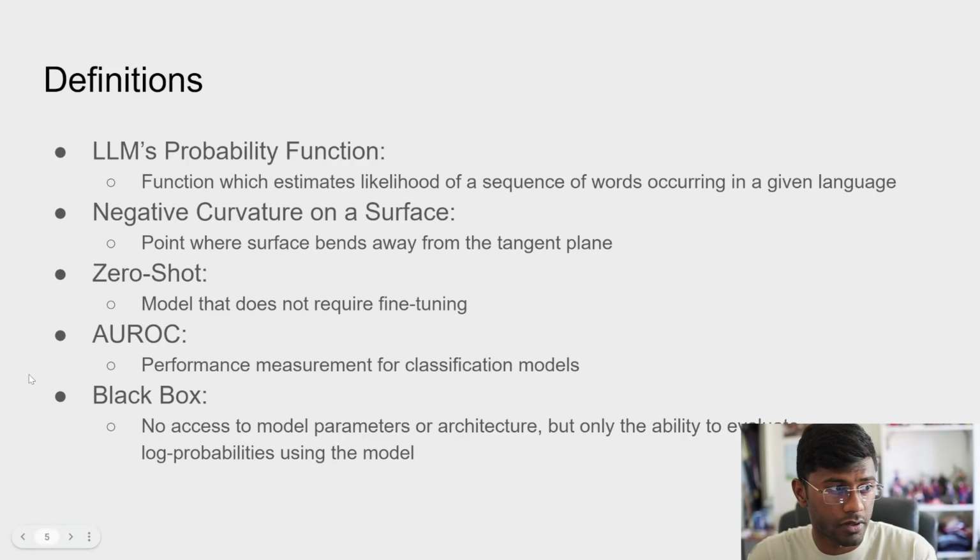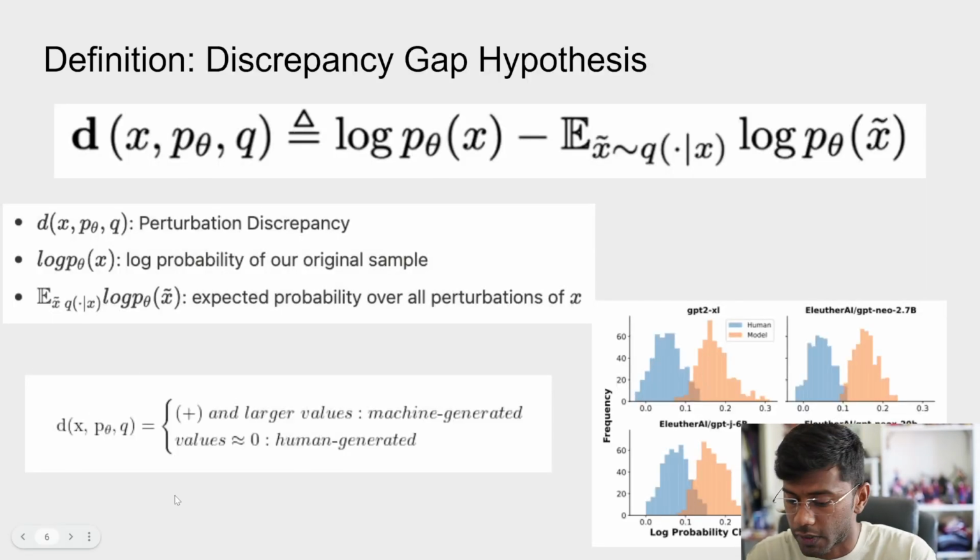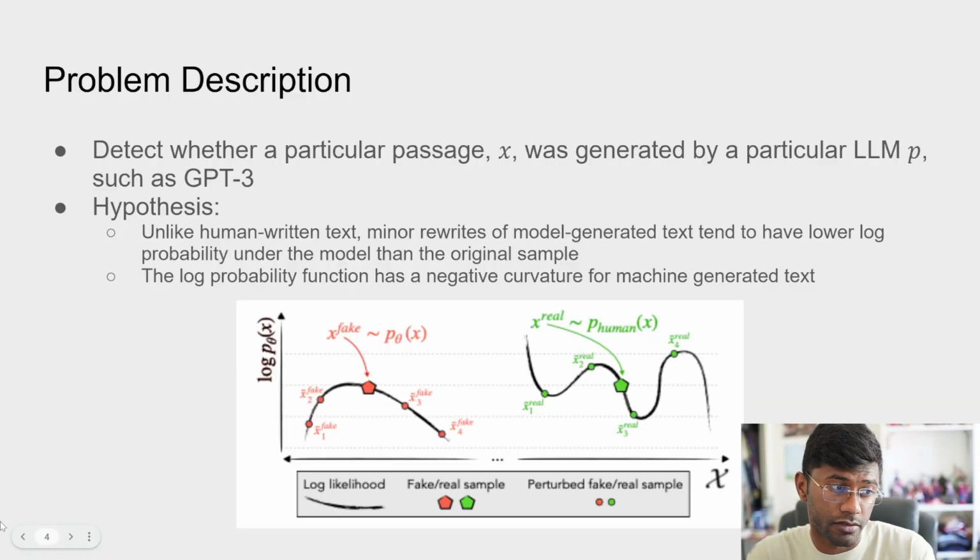So we determine the difference between these two log probabilities, and we call that the discrepancy gap, and use that as a discriminant as to whether it was human-generated or machine-generated.